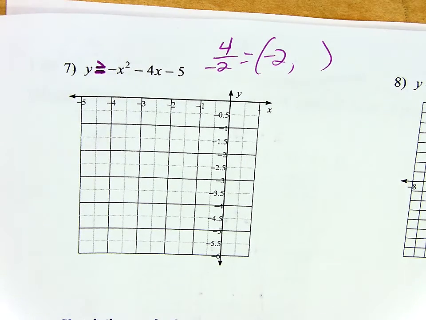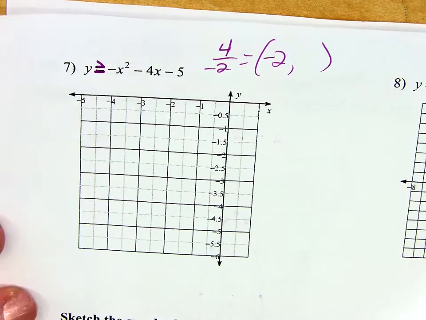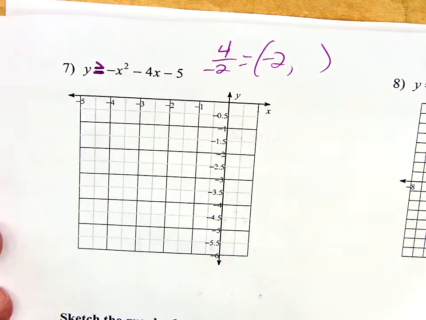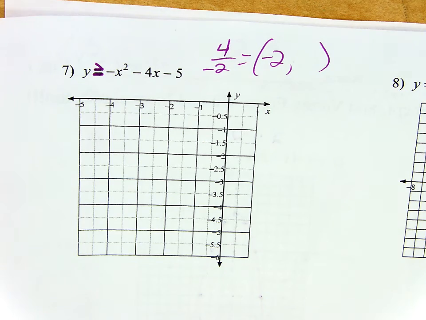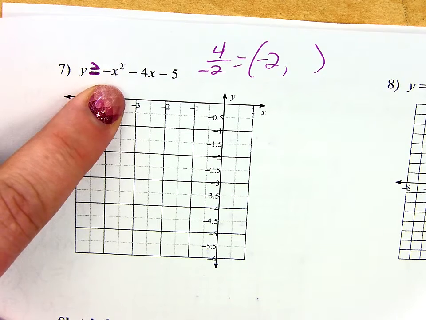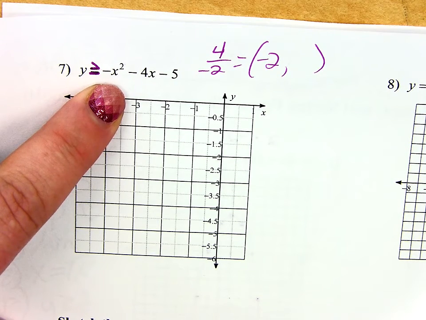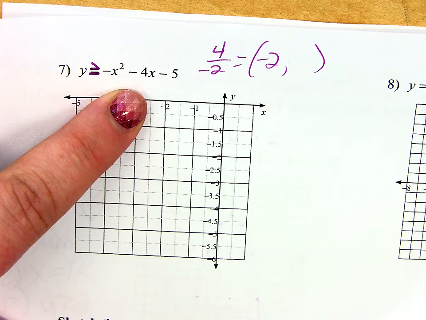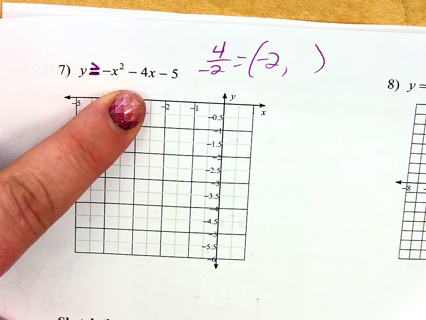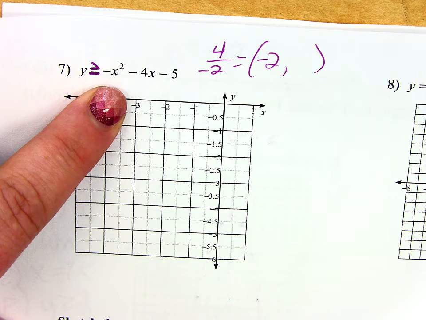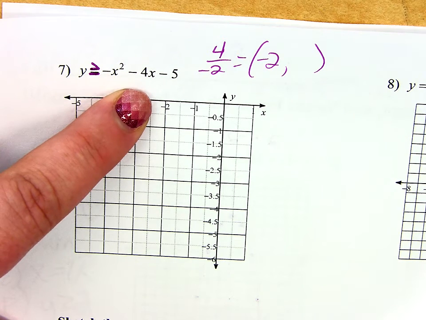Okay, did everybody get the y coordinate? All right. There's 2 things that people probably got as an answer for the y coordinate. Some of you probably got negative 1, and then some of you probably got 7.